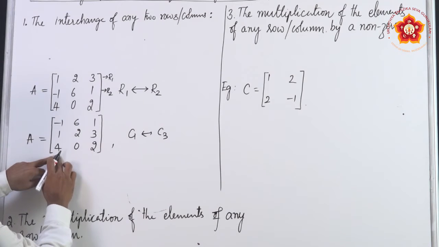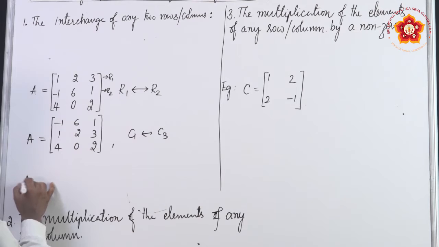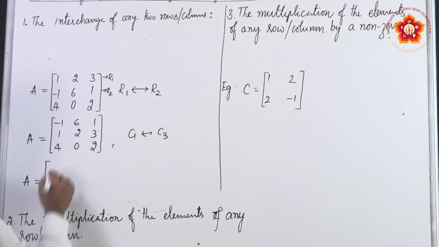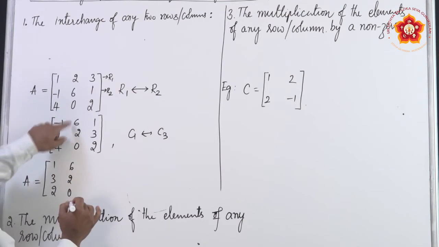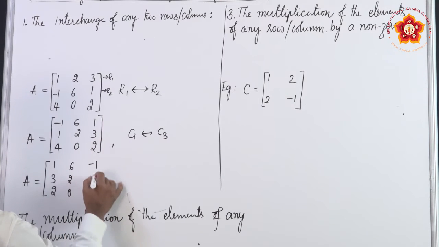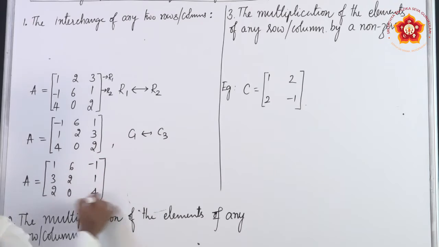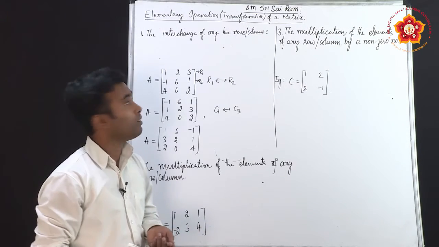This is column 1 and this is column 3. Now let us interchange these two, giving 1, 3, 2, 6, 2, 0. C2 doesn't change, so it is -1, 1, 4. This is how the interchange of any two rows or any two columns is done.